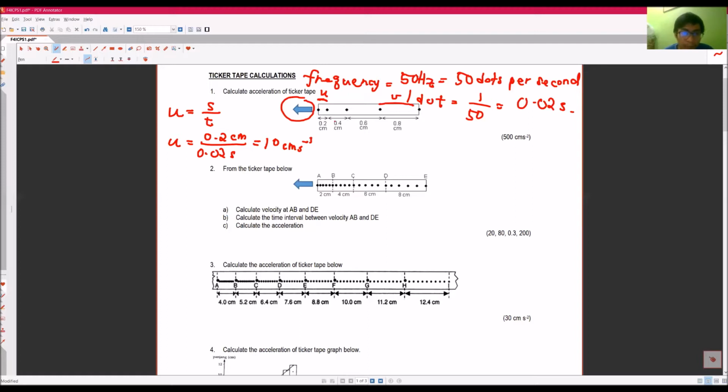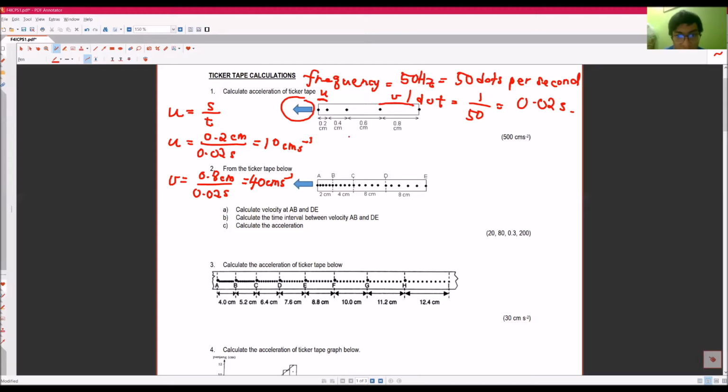Same for the final velocity: 0.8 cm divided by 0.02 second gives 40 cm s^-1. So we have found the initial velocity and the final velocity.